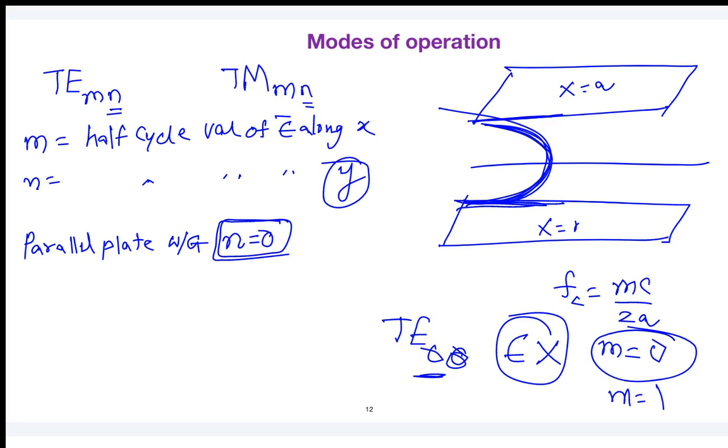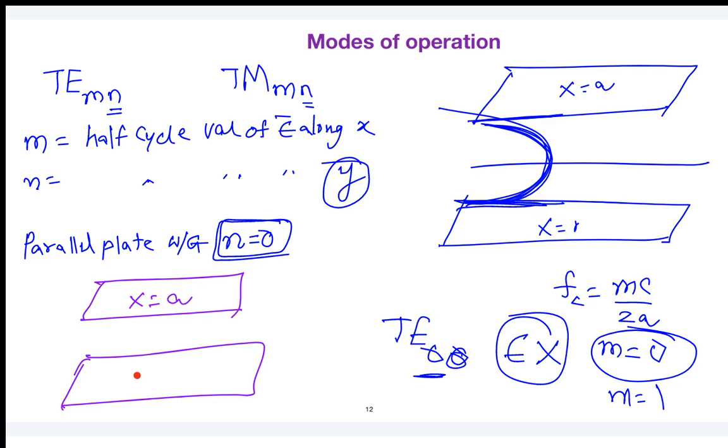So the next thing, suppose you understand this, try to answer this one. I had two conducting plates here. I had one half cycle, and there is a part of a second half cycle. Can you tell me which mode it belongs to? First mode or second mode, or whatever mode it is. You tell me which mode it belongs to.